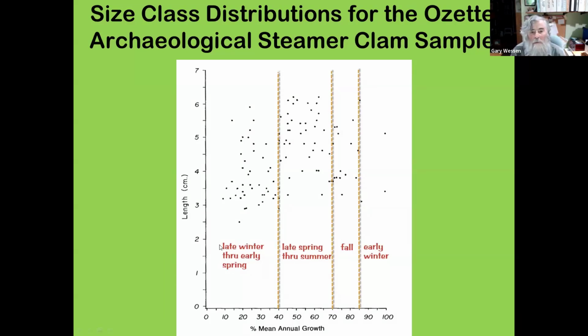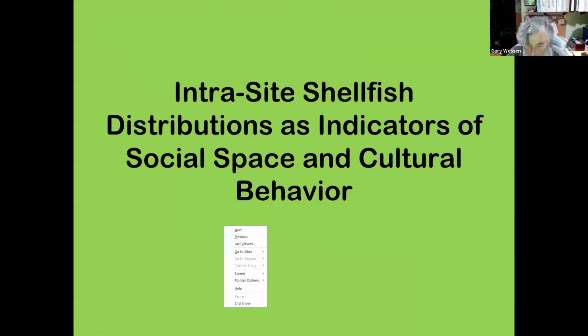In late winter and early spring, we have a distribution that has large numbers of small individuals, moderate numbers of medium-sized individuals, and a few big ones. This is very much what a non-selective sampling of the shellfish would look like. If somebody just went out there and took every one, didn't really care much about size, we would have this kind of distribution.